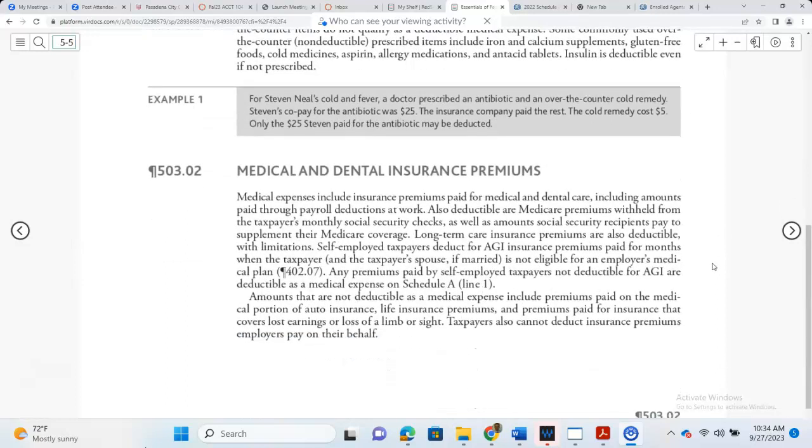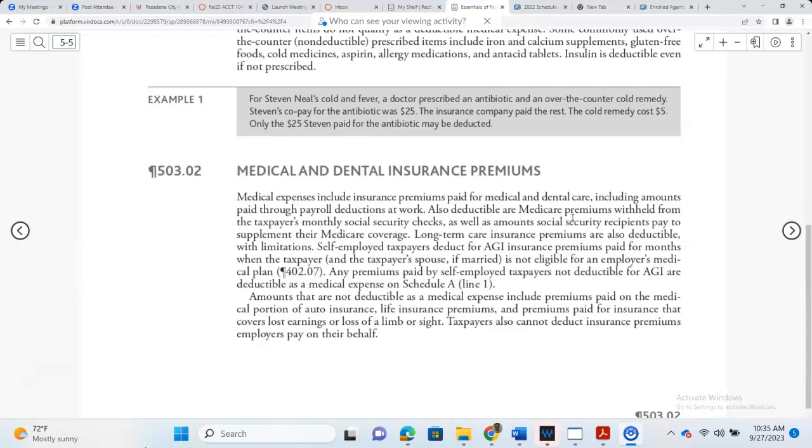Medical and dental insurance premiums, yes, they are included. Expenses include insurance premiums paid for medical and dental care, including amounts paid through payroll deduction at work. So if you have some deduction for your medical expenses from your work, that is included. Also, if you have a contribution to charity through your work, that is included as charitable contribution.